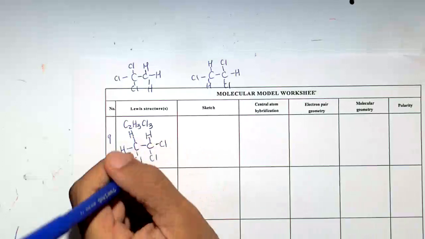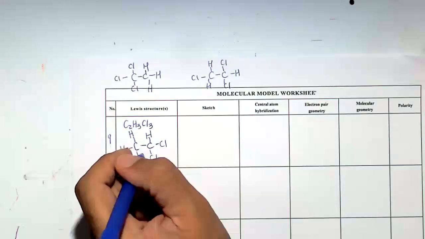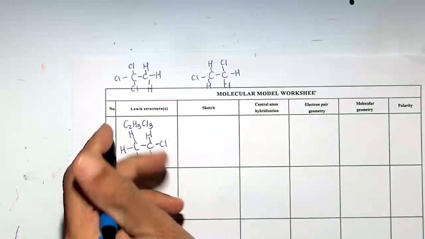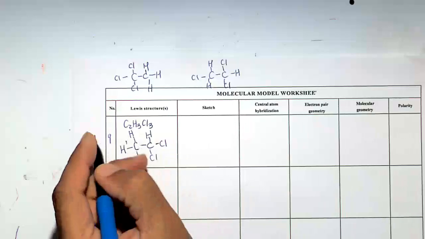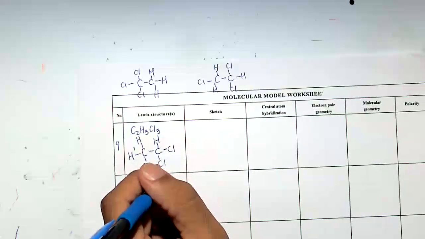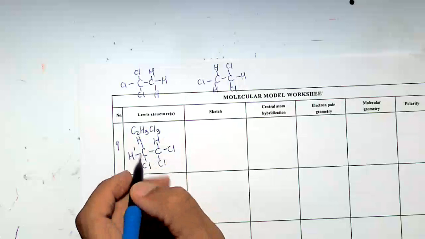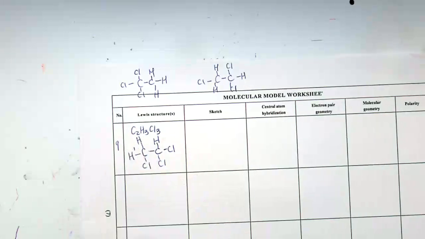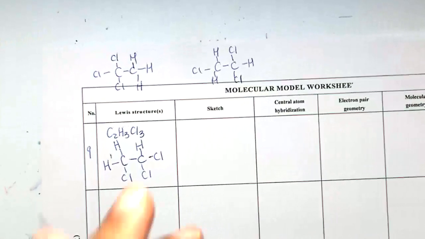Okay, there's 2 central carbons here. Carbon 1, how many bonds and how many lone pairs? It will have 4 bonds and 0 lone pairs.